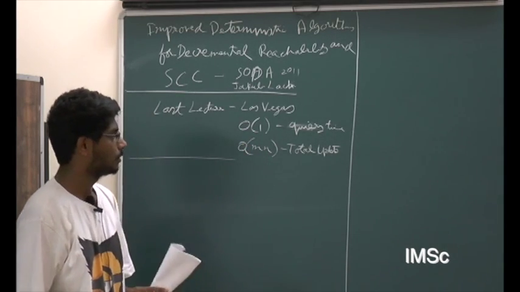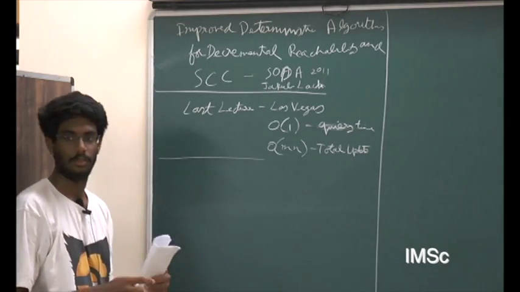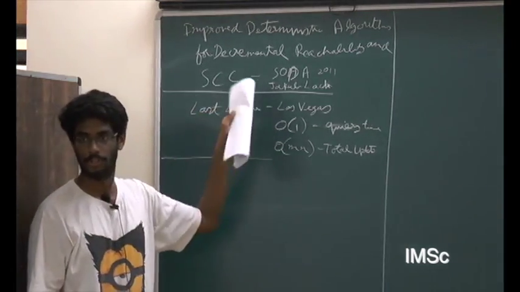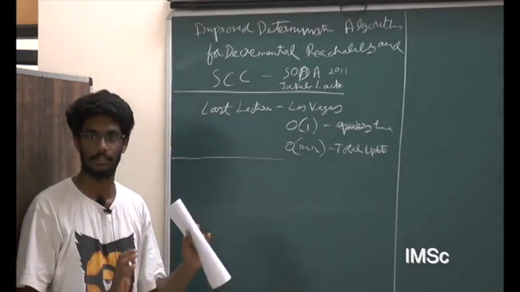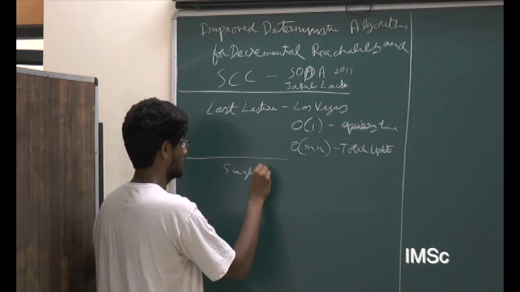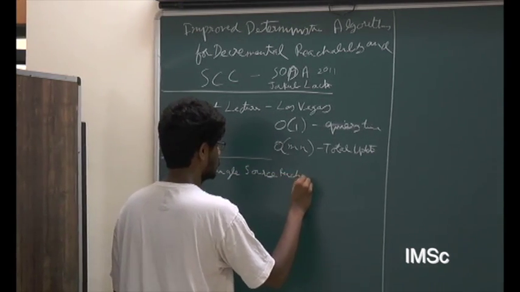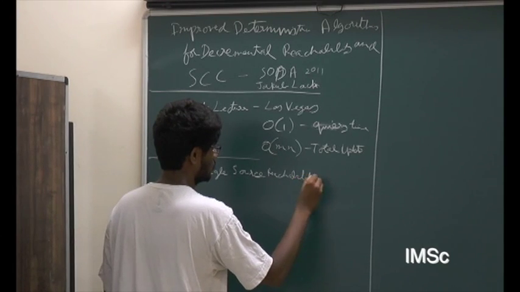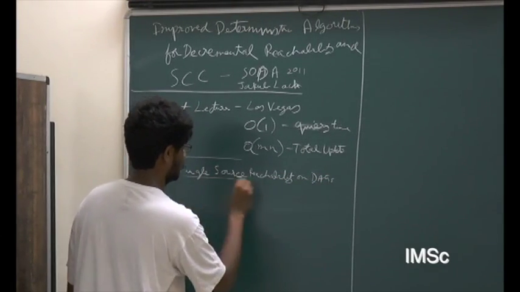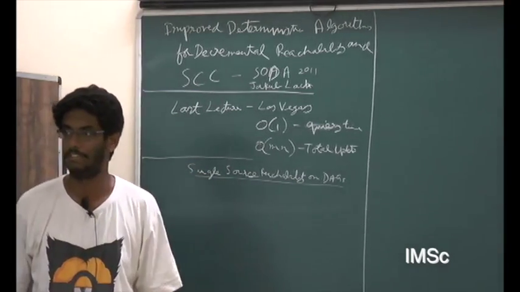So first we'll start with the same problem but restricted to DAGs. In particular, we'll start with single source reachability on DAGs. So what is a naive algorithm you'll have?